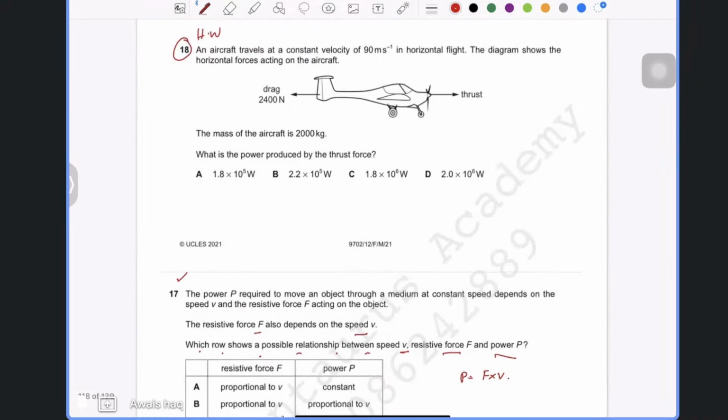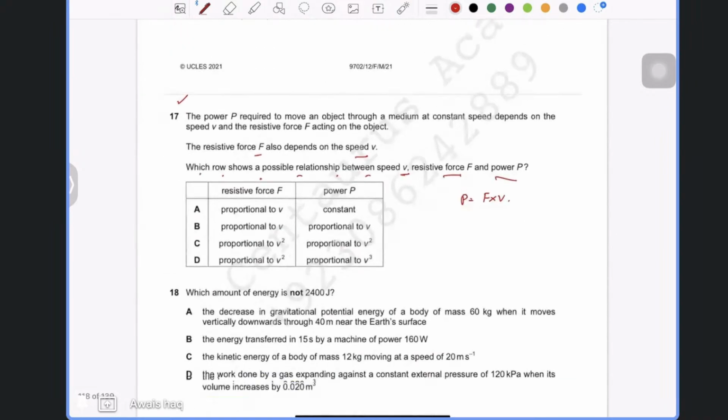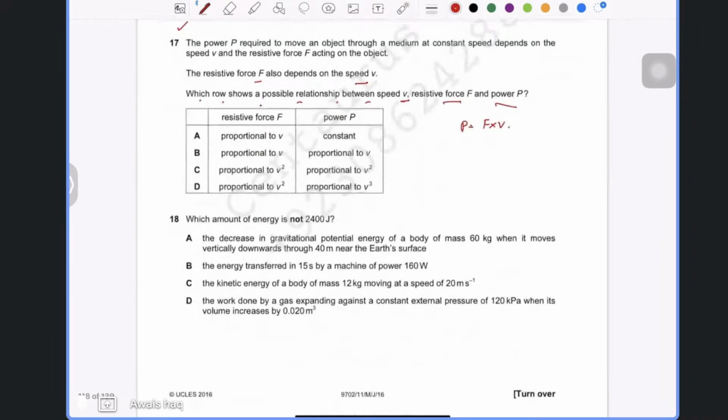Okay. Here, if you look at this one, it says the resistive force also depends on v. So let's call this kv. So definitely the resistive force is dependent on v.